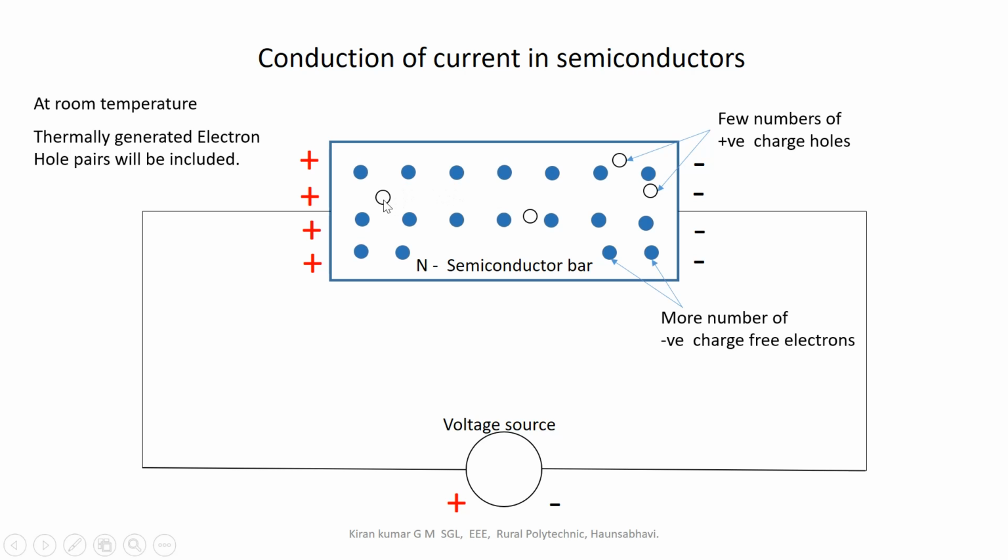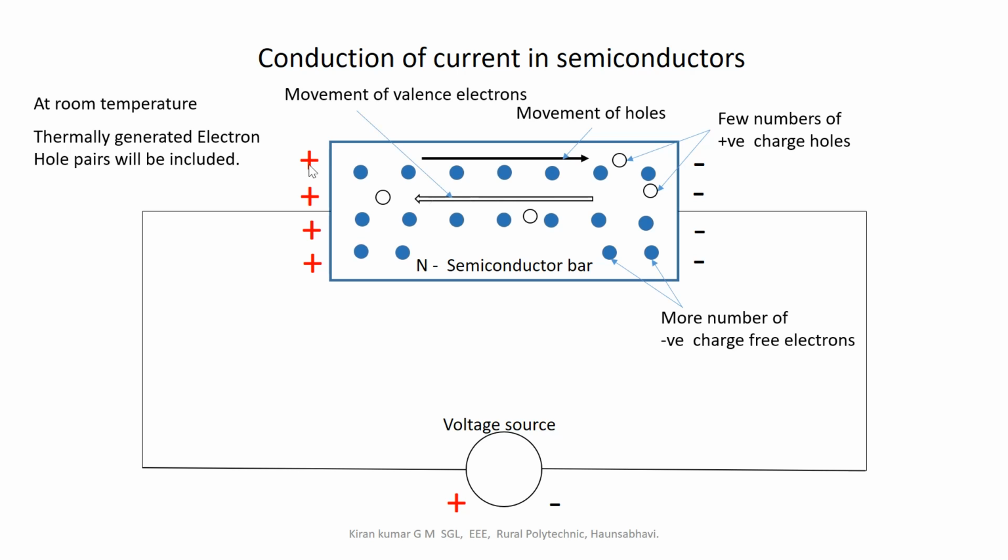And these holes will be conducting the valence electrons, and holes are seen to be moving from the positive terminal towards the negative terminal inside the semiconductor bar, conducting the valence electrons from the negative terminal towards the positive terminal inside the semiconductor bar, constituting the small minority current due to the holes, which is called as the hole current.